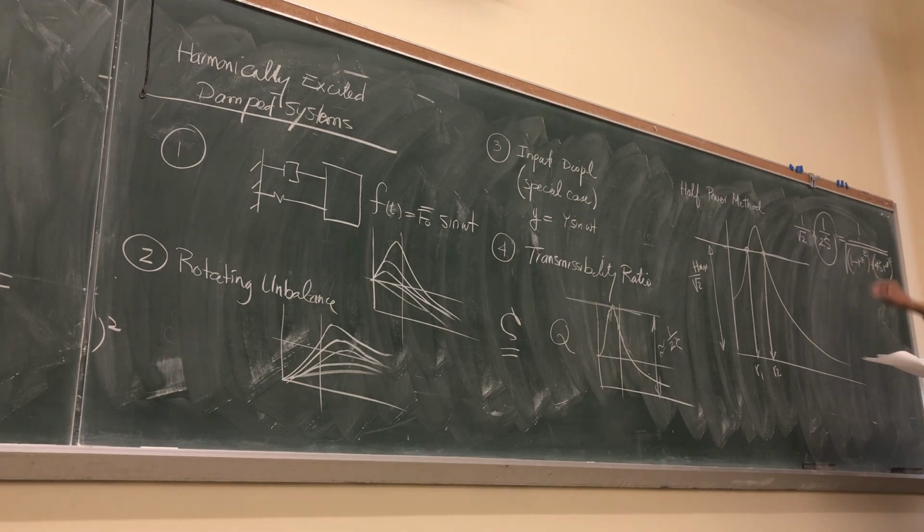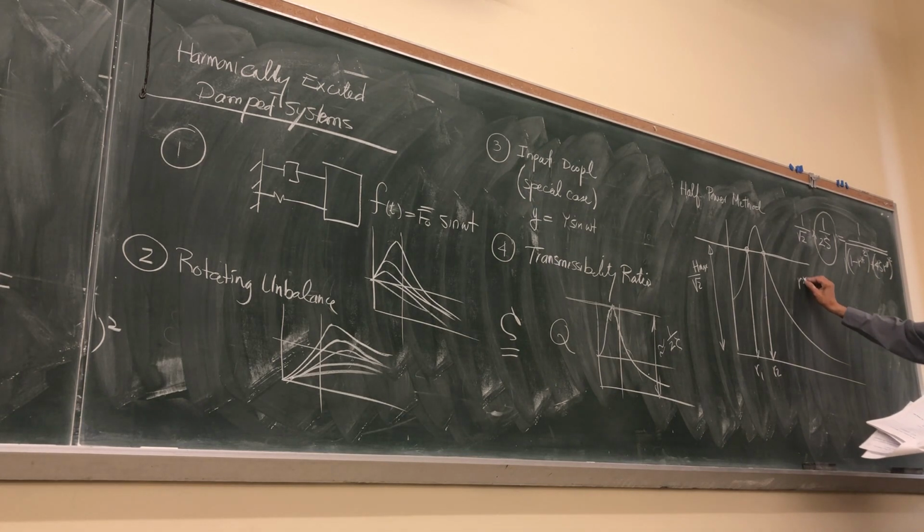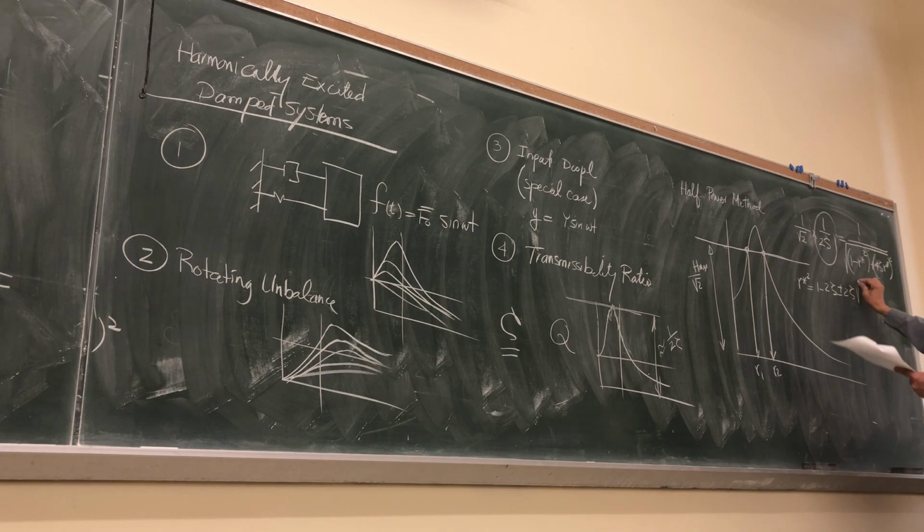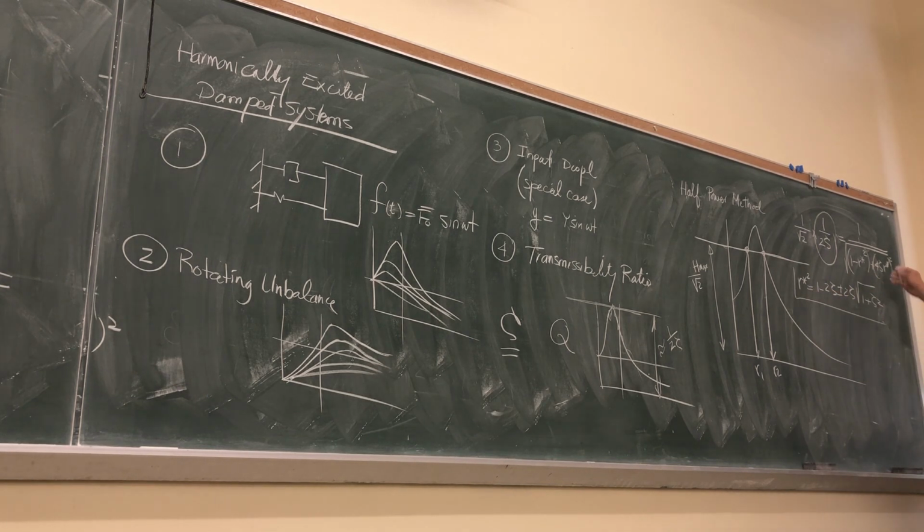So if you rearrange that, you get R asterisk squared comes out to be 1 minus 2 zeta squared plus and minus 2 zeta times the square root of 1 plus zeta squared. If you square these and do some algebraic manipulation, this is what you end up with.